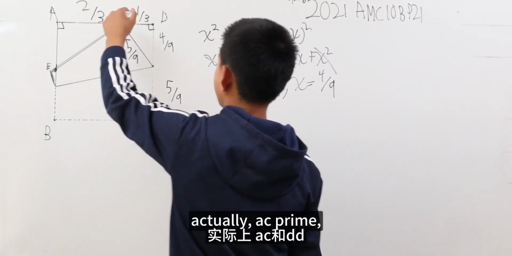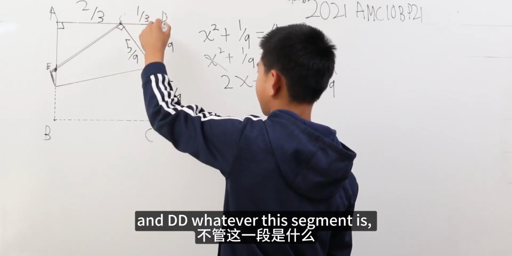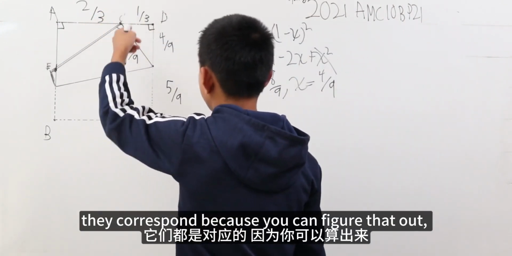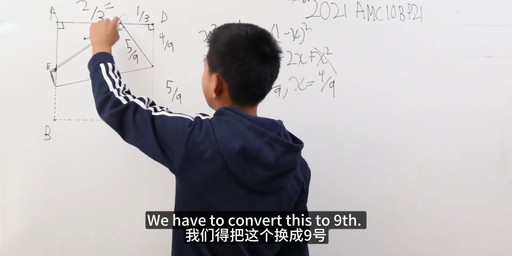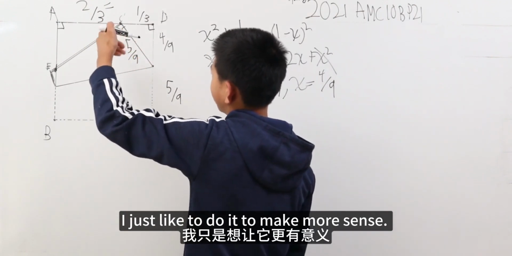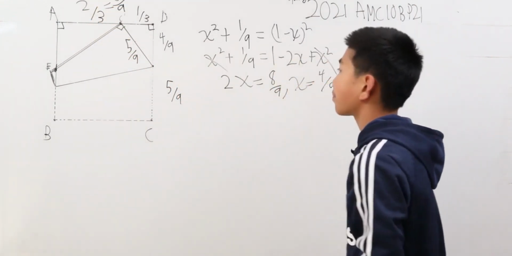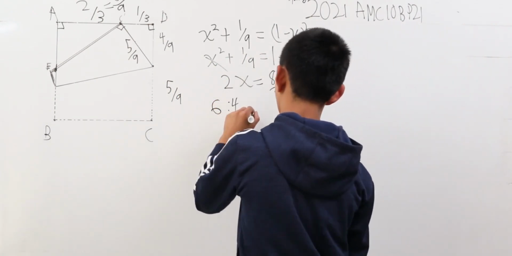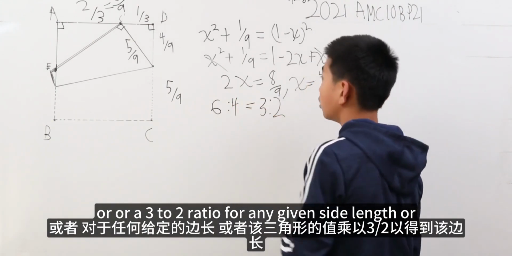AC prime and this other segment correspond, I'm just telling you they correspond. We convert this to ninths to make more sense, so this is 6/9. So it's a 6-to-4 ratio, or a 3-to-2 ratio.